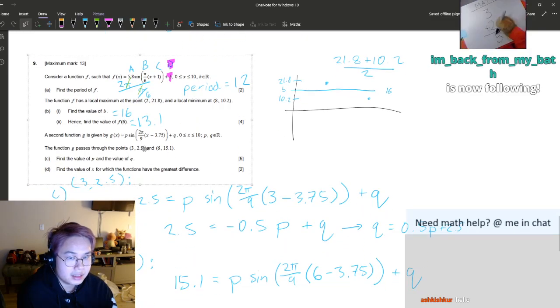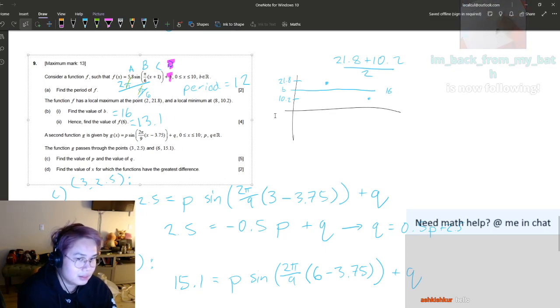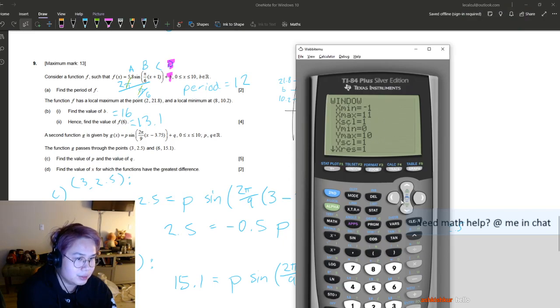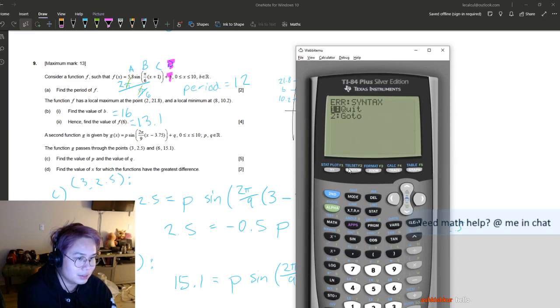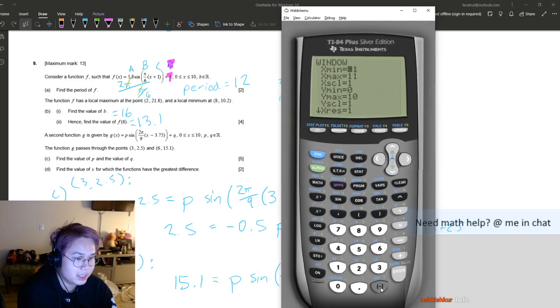And then function g is in between 2.5 and 15. So I'm going to take a risk and have my x minimum be at not quite 0, but -1, and my y minimum will be at -1, but I should up this maximum. I'm going to change it to 30 just in case.